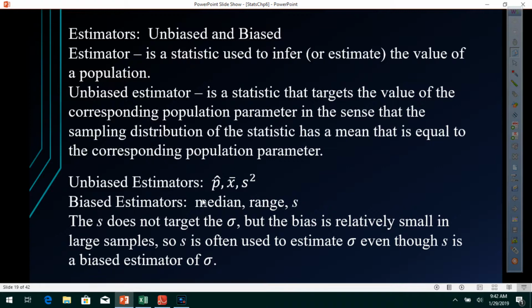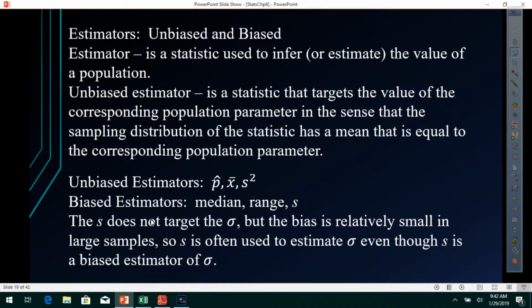Biased estimators: the median is a biased estimator, the range is a biased estimator, and the standard deviation is a biased estimator. Now, the sample standard deviation does not target the population standard deviation sigma, but the bias is relatively small in large samples.